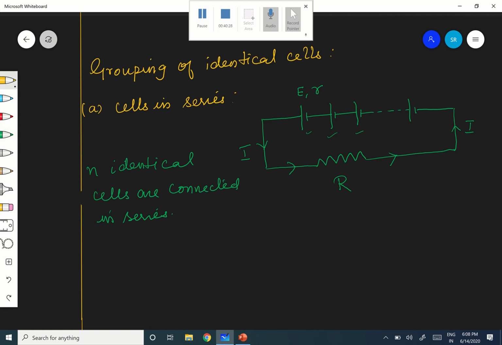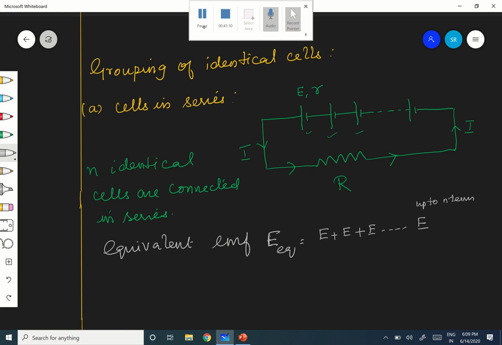Therefore, what is the equivalent EMF? E equivalent is equal to E plus E plus E, like that up to n terms, since n number of cells are there.